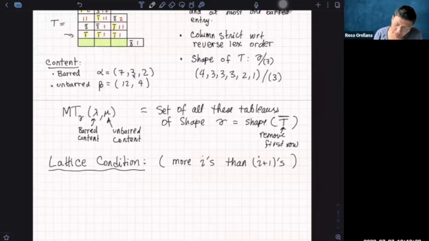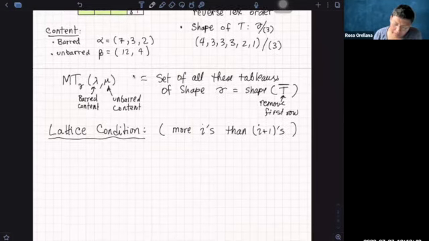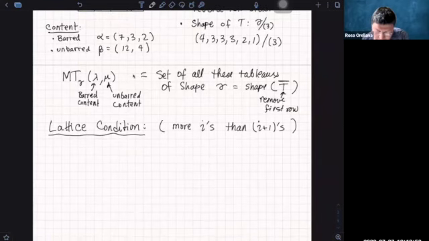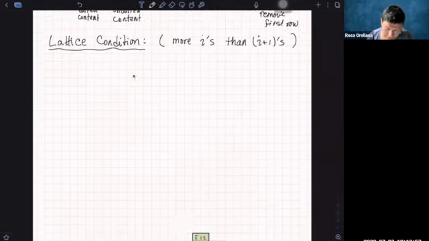And I'm assuming here that you're familiar with what Mike talked about on Tuesday, the two rules for computing the Littlewood-Richardson. And one is in terms of extracting a reading word and checking that it is lattice.